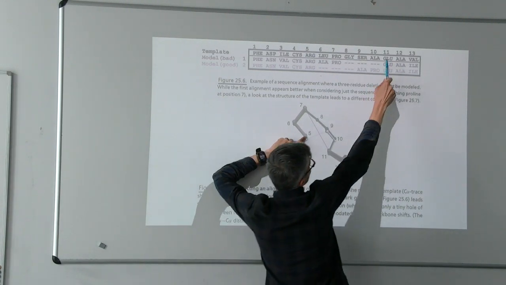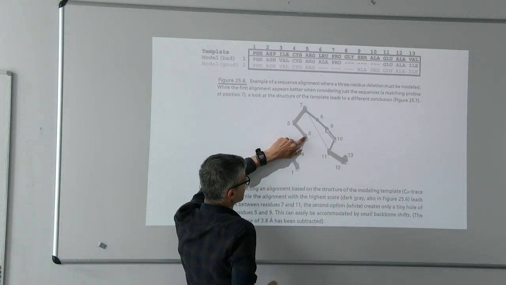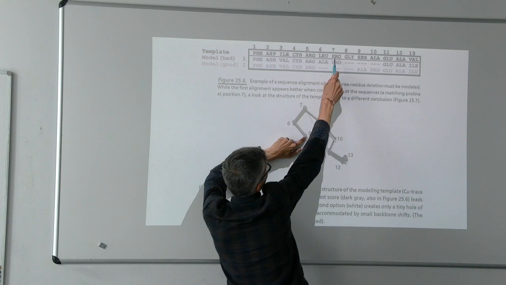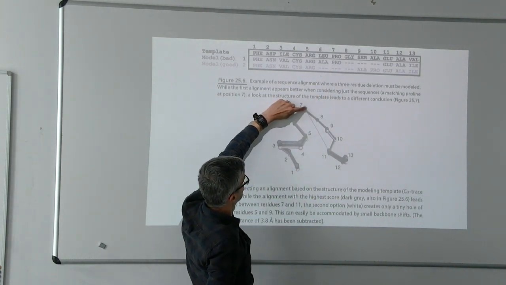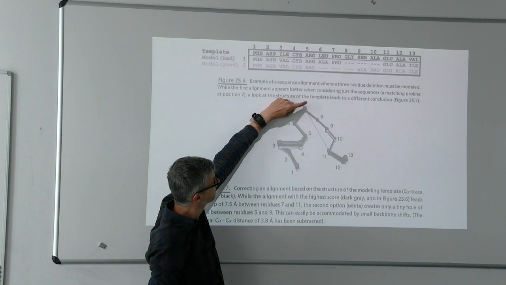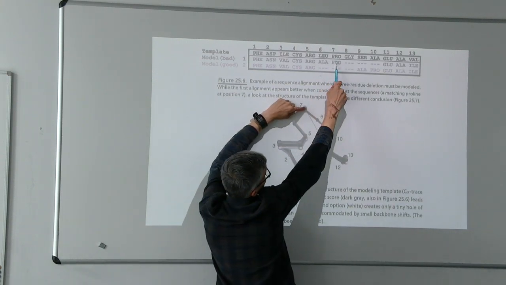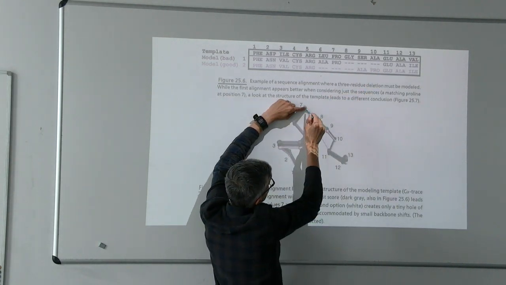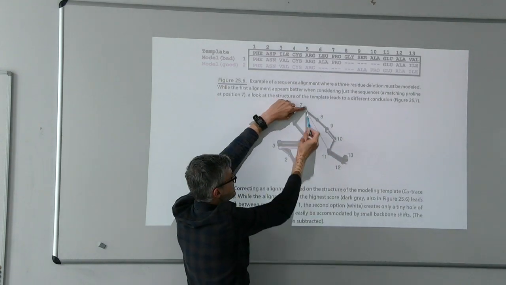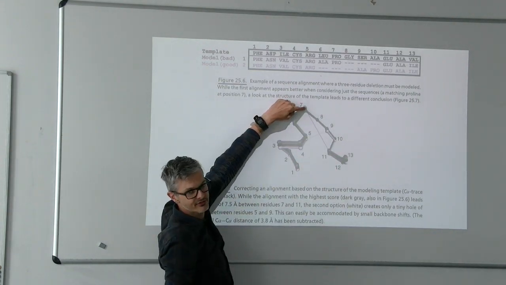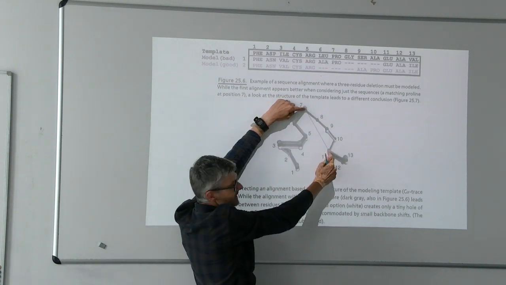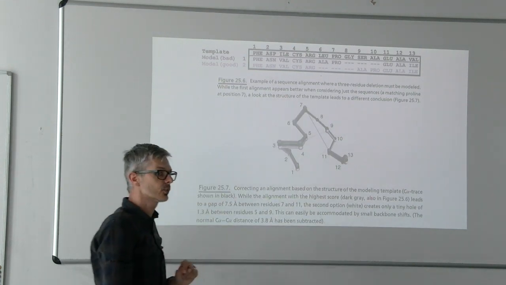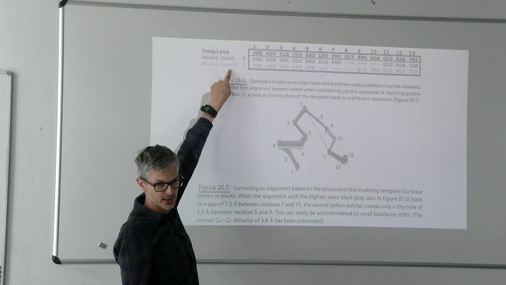And the next one is position 11, here. If this would be the correct alignment, with these matching and the proline of your template here at position 7, then the gap of 3 would have to bridge the distance to the next residue at position 11. This distance is far too large. It's never possible for these to be two neighboring residues. This is impossible.